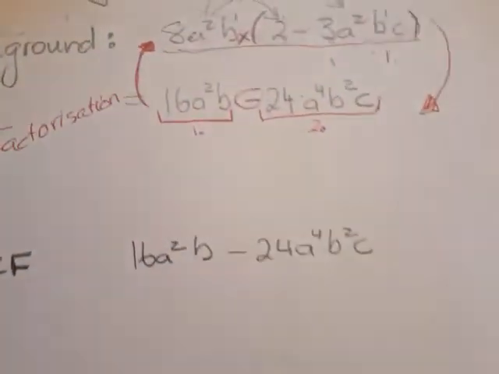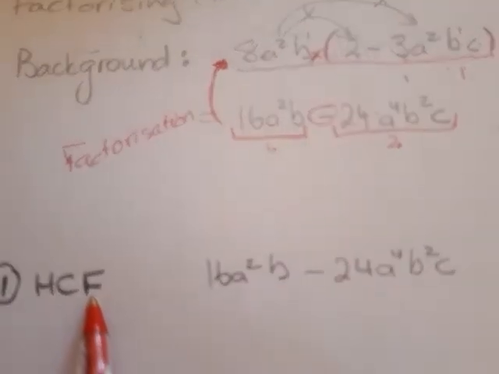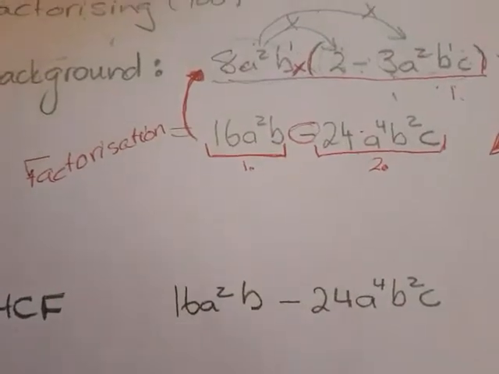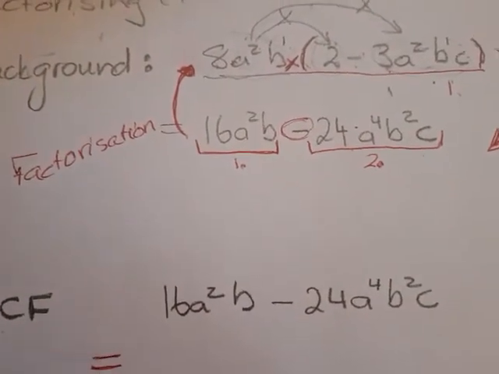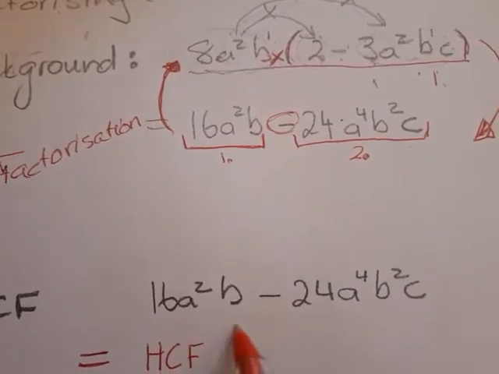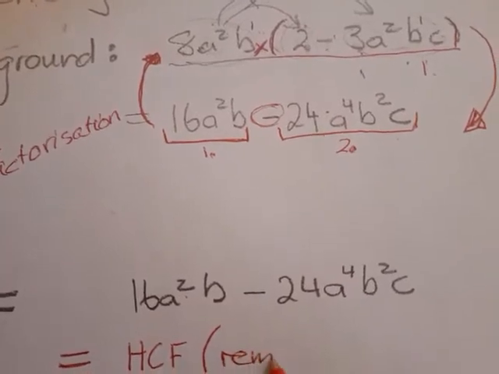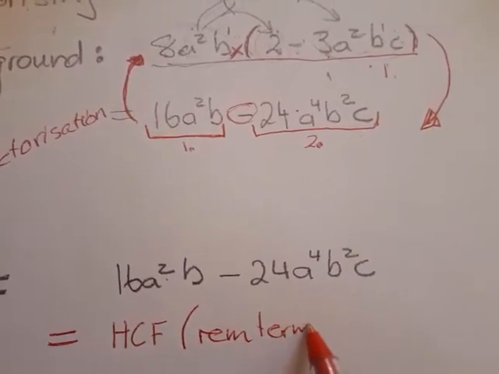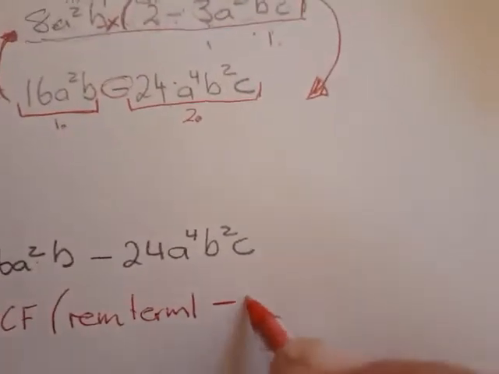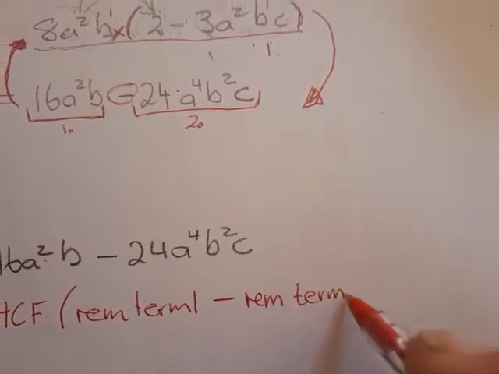So when we now look at the first example, the highest common factor, we must take out the highest common factor. Then remember our pattern for our answer must be the highest common factor, and then you have here the remainder of term 1, plus or minus, whatever is given there, and then the remainder of term 2.